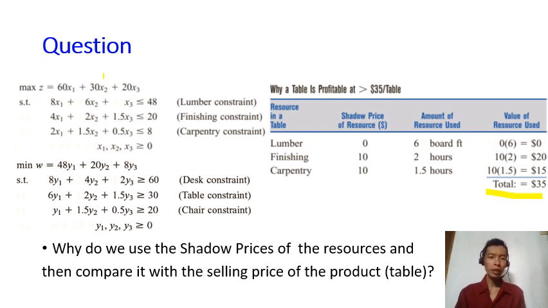Then we compare it with the selling price, $30, and say, that's why we do not produce table, because the resources are worth $35 but the selling price is only $30. Now the question is, why do we use shadow price to value the resources? I will pause the video to give you time to think about this question, and I will return with the answer.